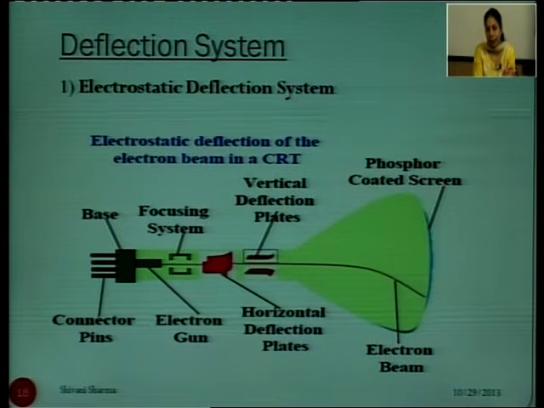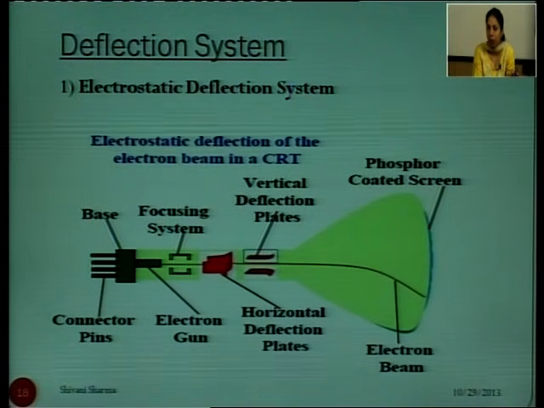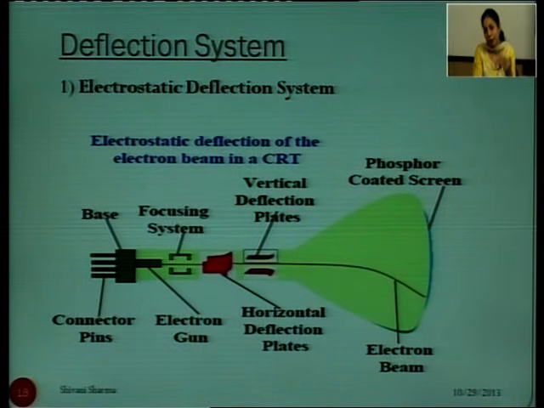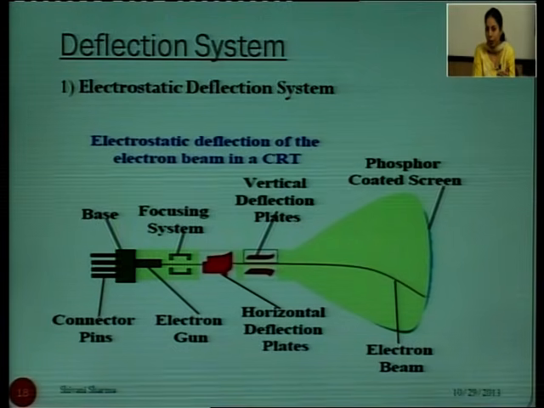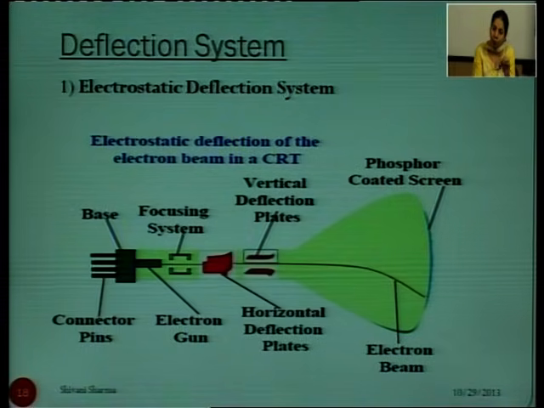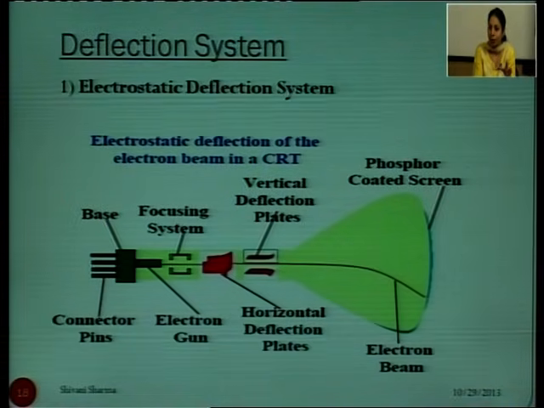After that this electron beam passes through the deflection system, which can be an electrostatic or a magnetic deflection system. In the deflection system we have vertical deflection plates and horizontal deflection plates. When we apply some voltage to these deflection plates, the electron beam is moved horizontally or in the vertical direction on the phosphorus coated screen.